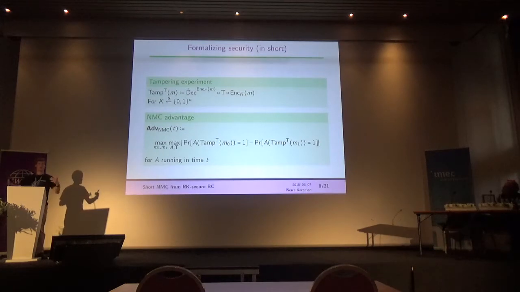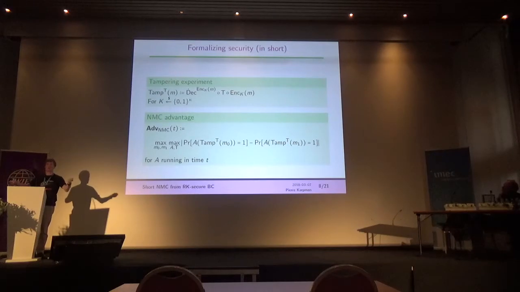In this way, if you do this tampering experiment with the identity tampering function on two different messages, then as output you really get the magic symbol both times and not, let's say, M0 and M1, which might be different. But that's just a technical thing.